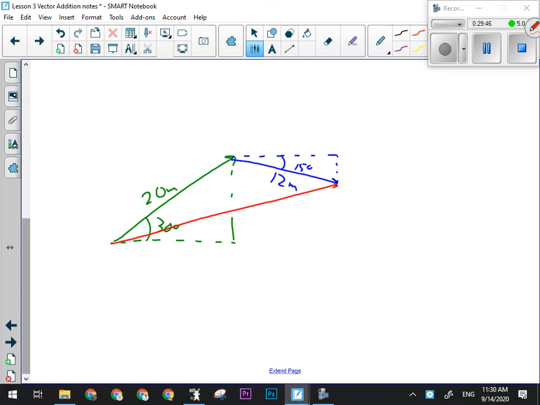Agreed? That's from initial position to final position. That red arrow also has a triangle. You can see I've got a triangle for each one of those vectors now. This is the x or horizontal component of the 20-meter vector, and this is the vertical or y component of that vector. Similarly, this is the horizontal component of the 12-meter vector, and this is the vertical component of that 12-meter vector.